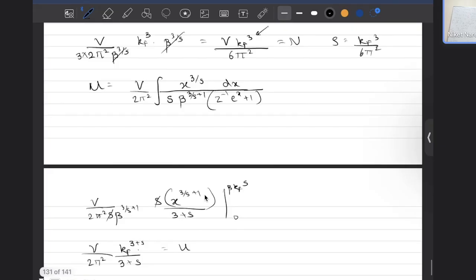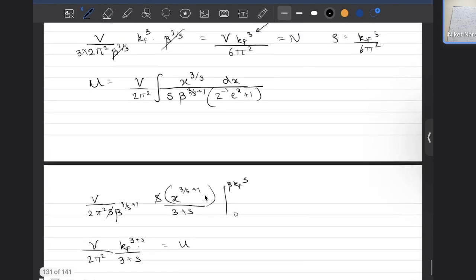So what does it come out to be? Actually, there is 3 plus s here.